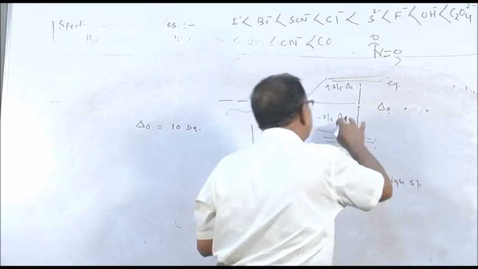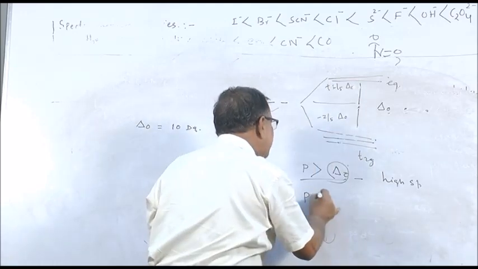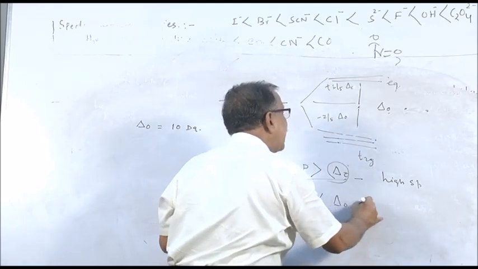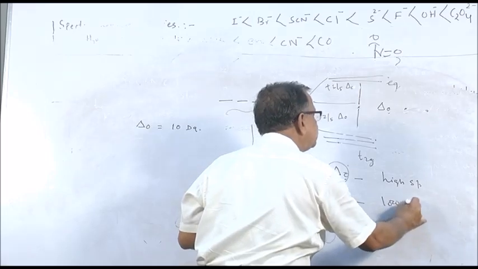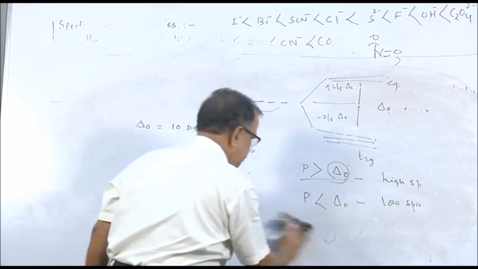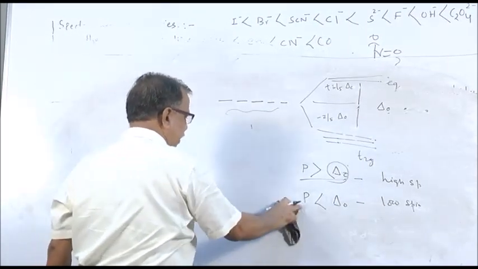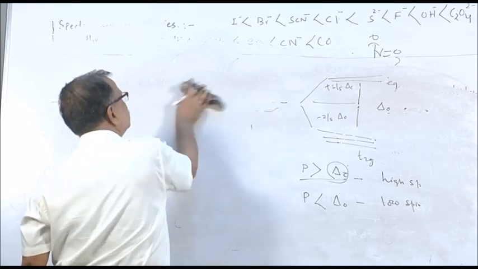High spin means first this fills up, then goes to this, without pairing. If P is less than delta O, then we get a low spin complex, because electrons pair easily. So one is high spin and another is low spin.